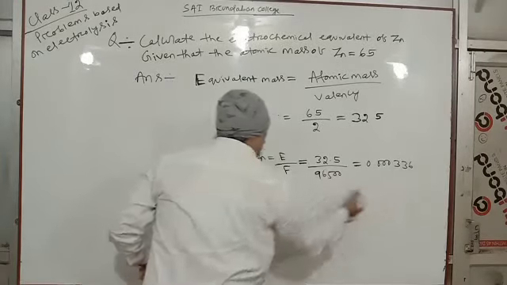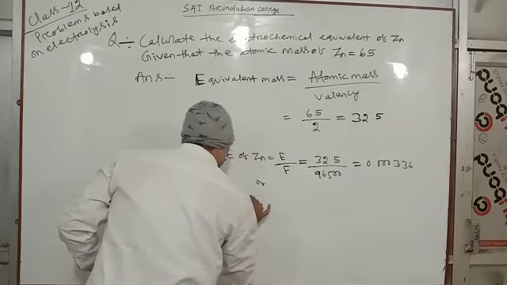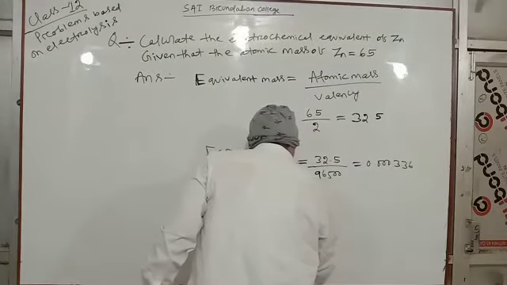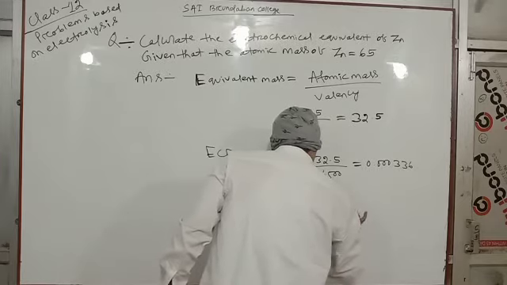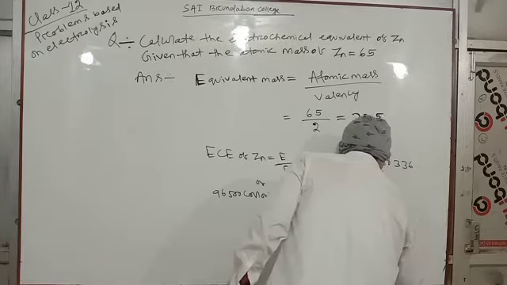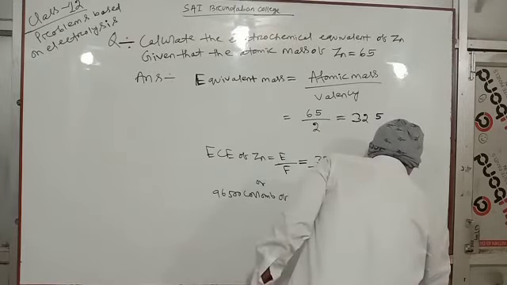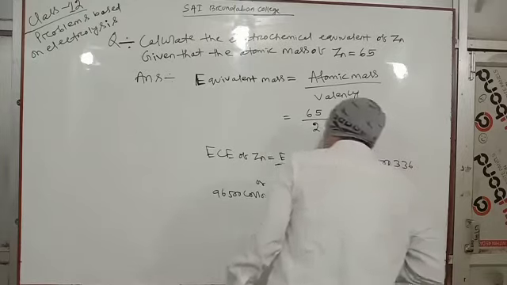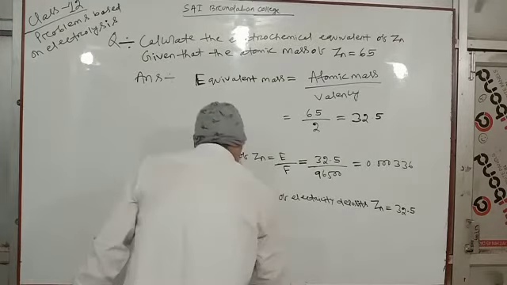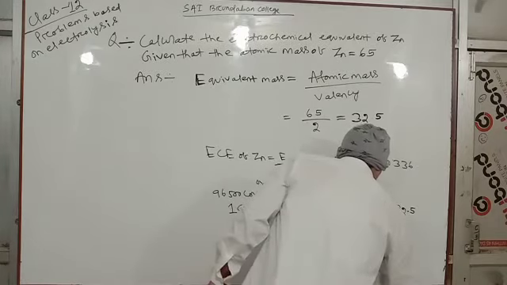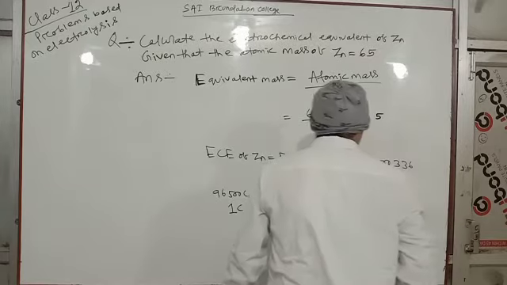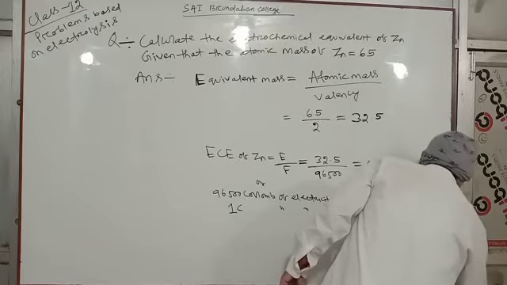Or you can write it like this: 96500 coulombs of electricity deposits zinc 32.5. 1 coulomb of electricity deposits zinc 32.5 by 96500 coulomb, that is 0.000336.